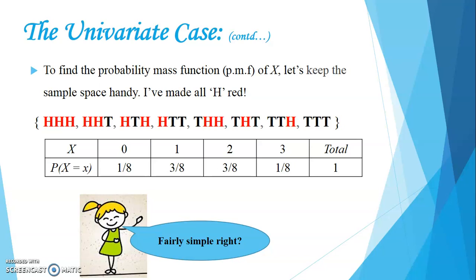So the probability is 3 by 8. Similarly, you can find probabilities for x equal to 2 and x equal to 3. So this particular table is going to give you the probability mass function of x, which is defined as number of heads on all the 3 tosses. So this is just the univariate case like we have studied earlier also.